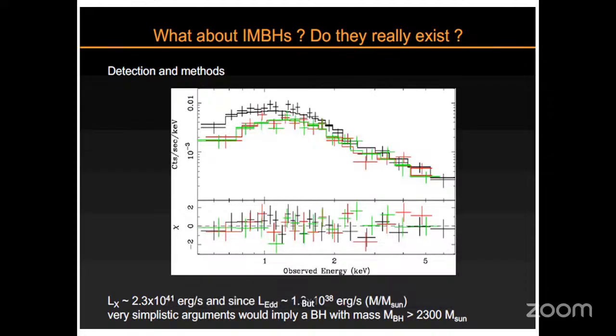If you do the spectral modeling, they found that the luminosity is of the order of 2.3 times 10^41, which amounts to a black hole mass of 2300 solar masses. We don't know whether it is actually 2300 solar masses or there is some other physics going on, but this is the most probable candidate for an intermediate mass black hole.